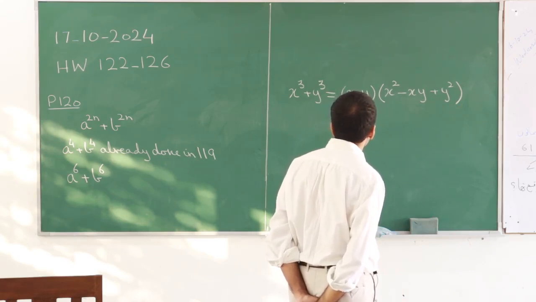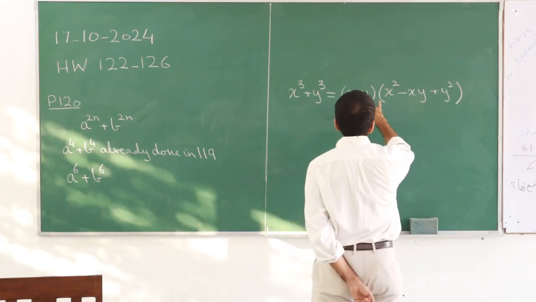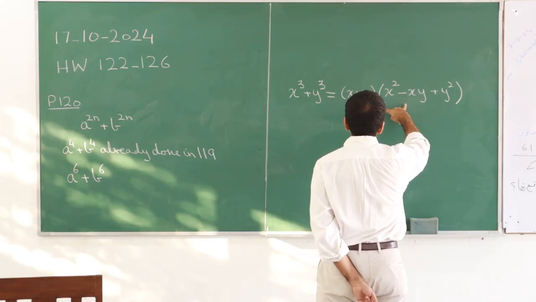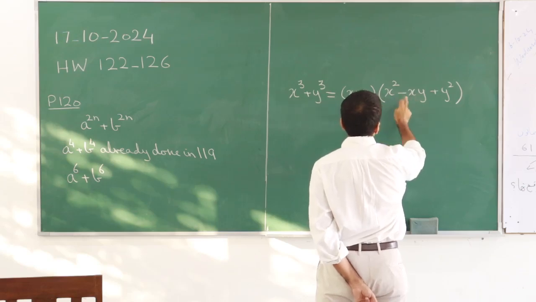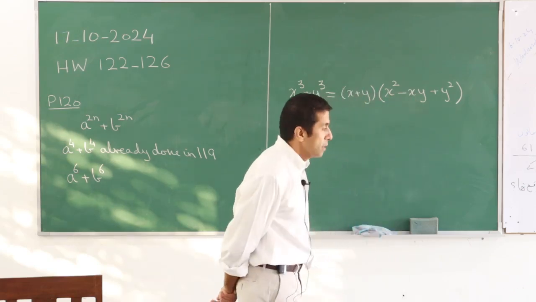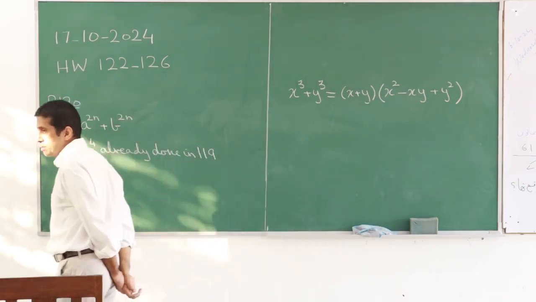Then x squared y minus x squared y is gone, and you have plus y squared x and minus y squared x. Looks good. Okay, so there you go. You've already done the factorization for me for a to the 6th plus b to the 6th.